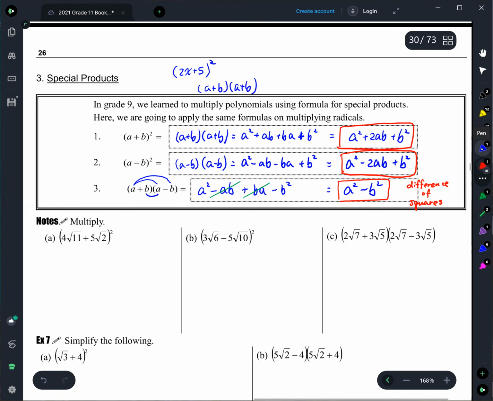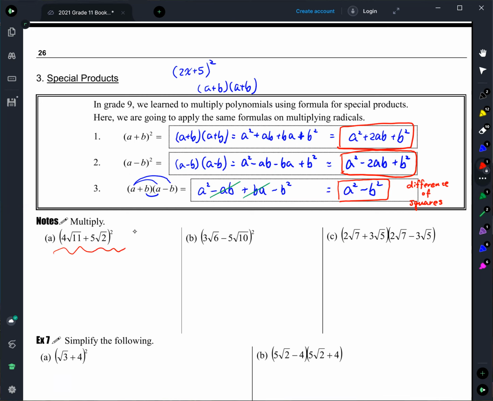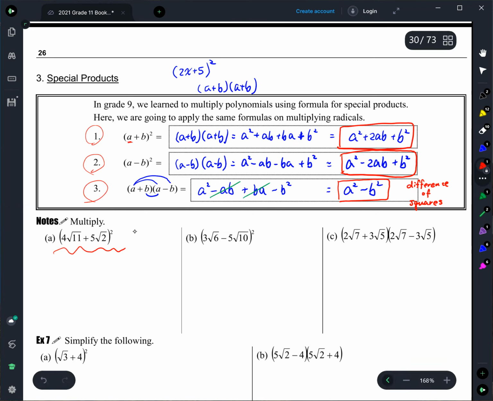Does it look like Formula 1 or Formula 2 or Formula 3? Formula 1. All right, so if it looks like Formula 1, then what's the A? For the 4 root 11. Yeah, and what's the B? 5 root 2. Very good.